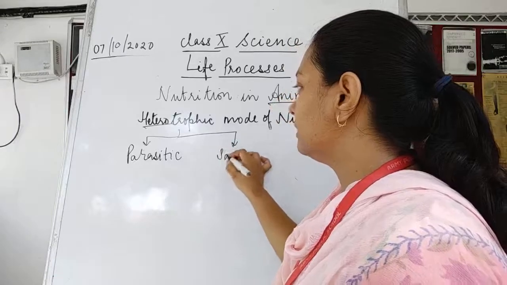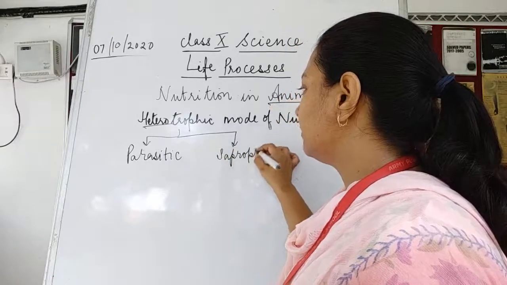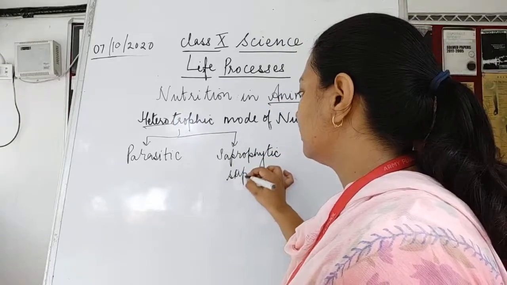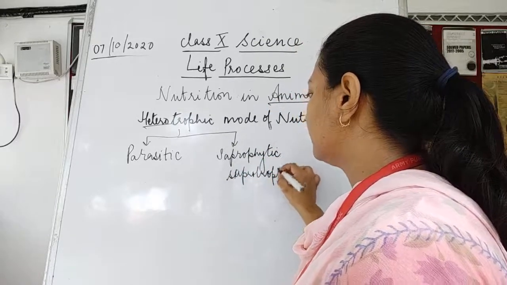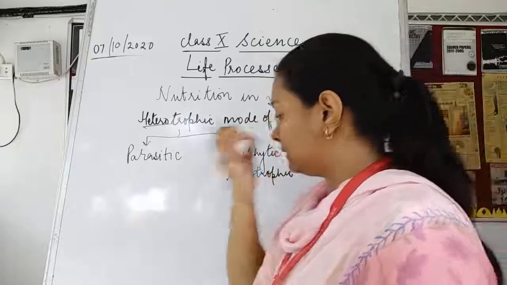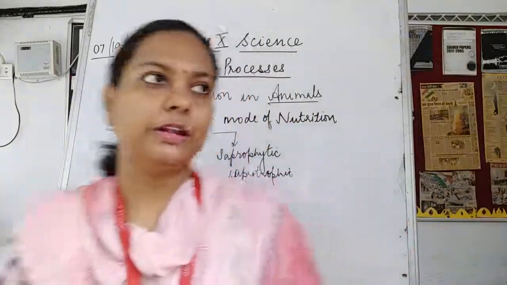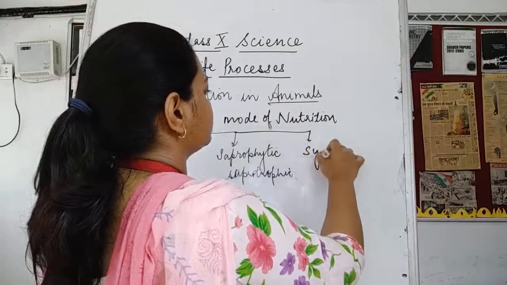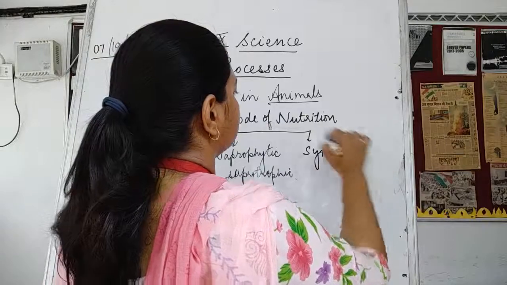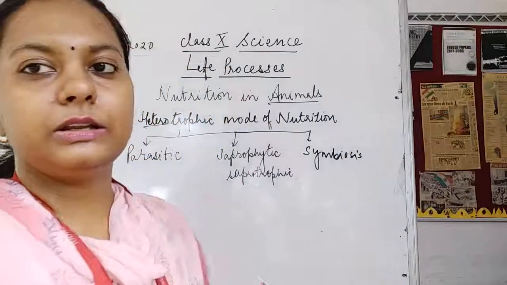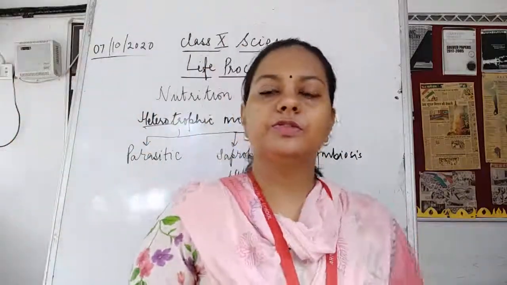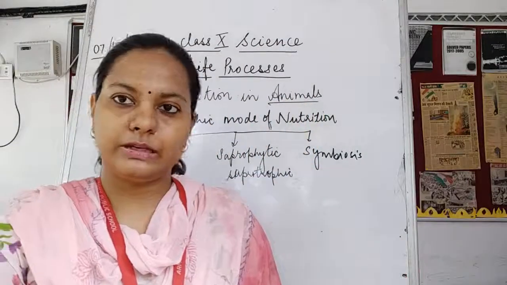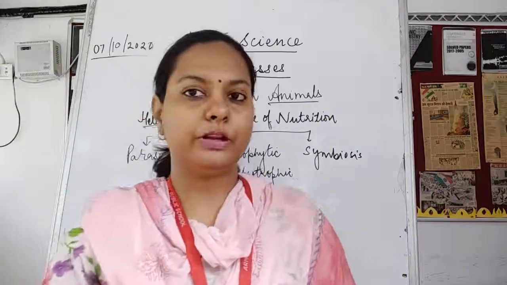We can study about the saprophytic mode of nutrition, or saprotrophic mode of nutrition. Okay, parasitic mode of nutrition, saprophytic mode of nutrition, and even in the animals we can also see symbiosis. Here two animals are living together for mutual benefit, for benefiting each other. That is said to be symbiosis. Here also the definitions would remain same, the concept would remain same.